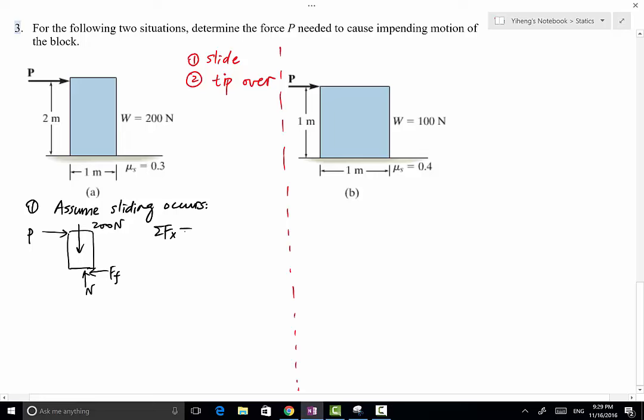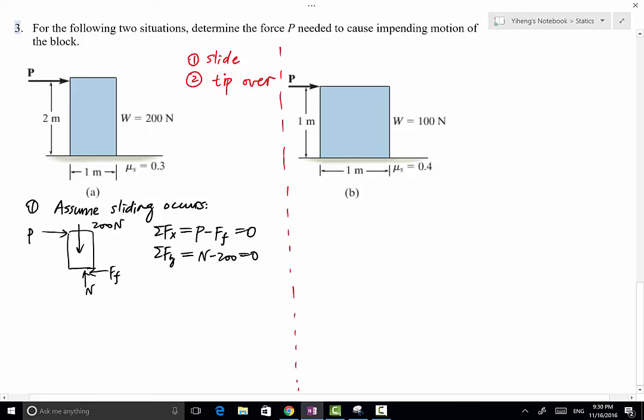When sliding is about to happen, equilibrium equations still apply. Along the x direction, P minus F_F equals 0. Along the y direction, normal force minus 200 equals 0.